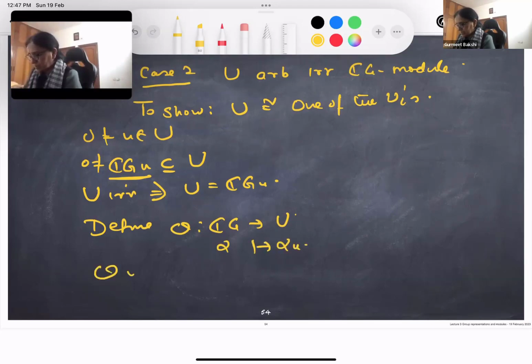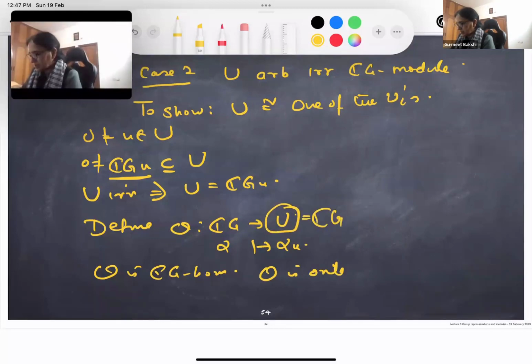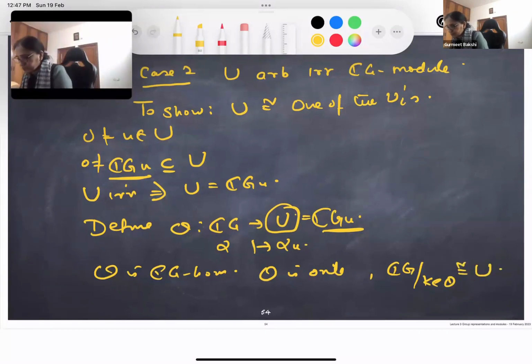Theta is a CG homomorphism, you can check, and theta is onto because U is CG u. Therefore CG modulo the kernel of theta is isomorphic to U.